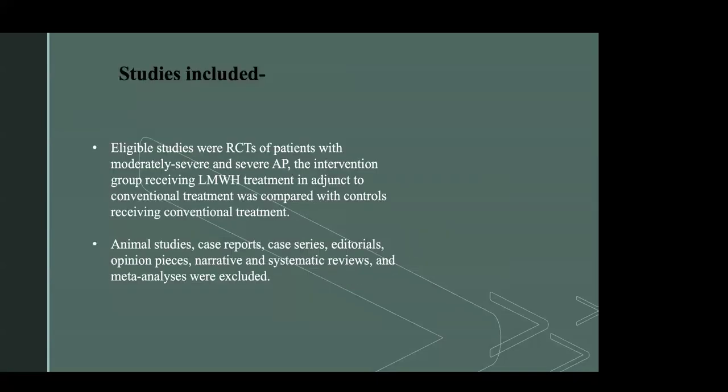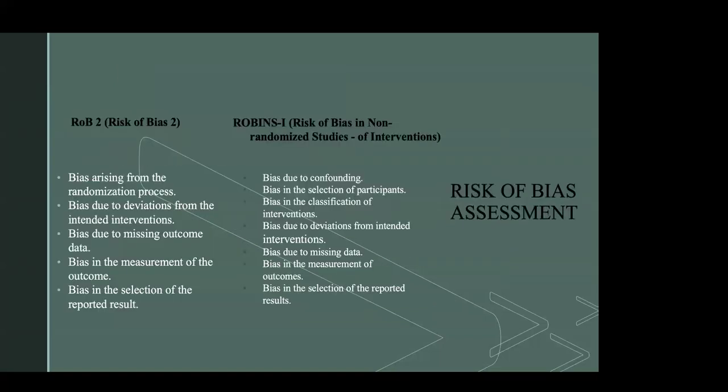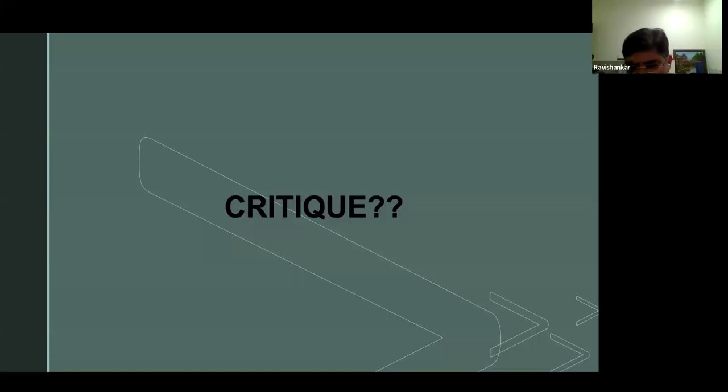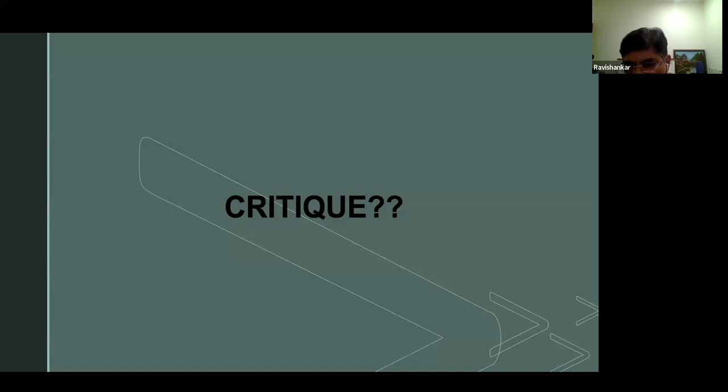And yes, the other thing, the Robins and other criteria they have used, is it to avoid bias or is it to assess the bias? I think to try and avoid the bias as much as possible. They have actually graded the bias as very high degree of bias, moderate degree, and low degree. So it is only assessment.